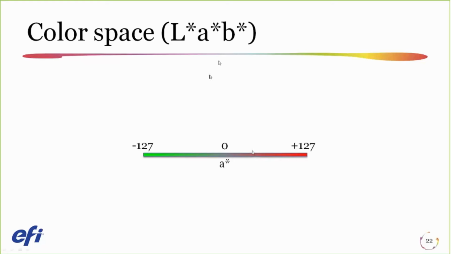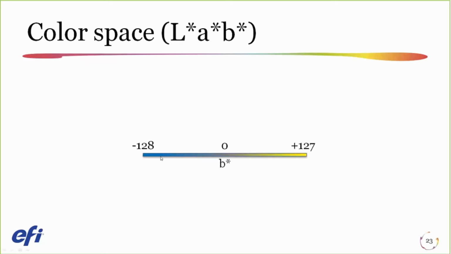Now the second channel is the A channel, and A is the red to green component of the color we're looking at. And this goes from positive 127 to negative 127, and a key is the very middle, 0 is neutral. Now if we move on to the B star, it's the yellow to blue channel.